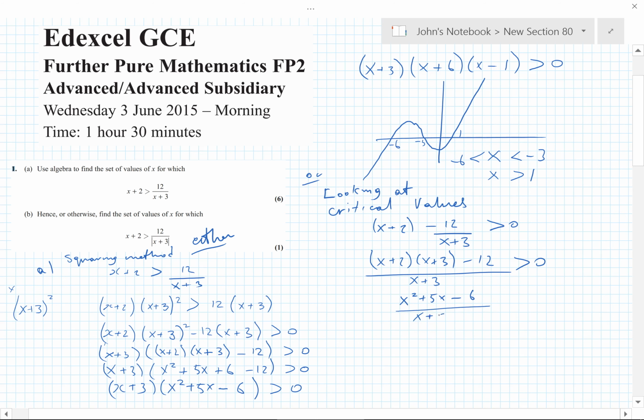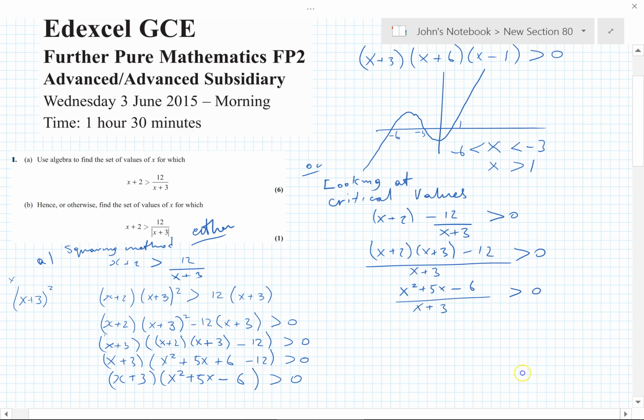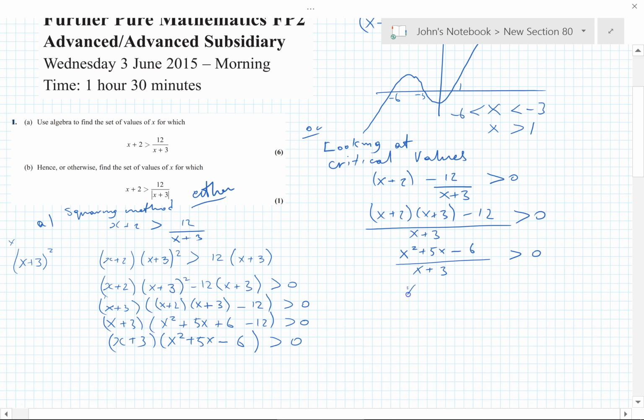So we have x plus 6, x minus 1 over x plus 3 is greater than 0. So we've got our critical values: 1, minus 3 and minus 6.